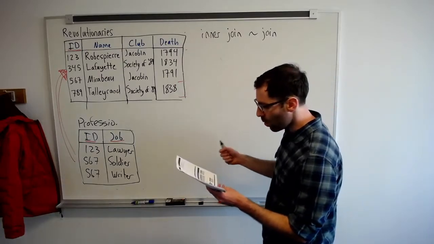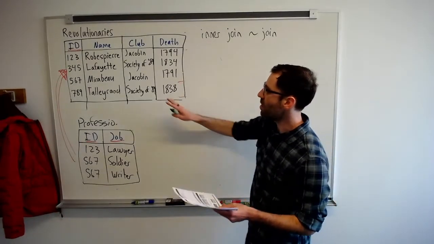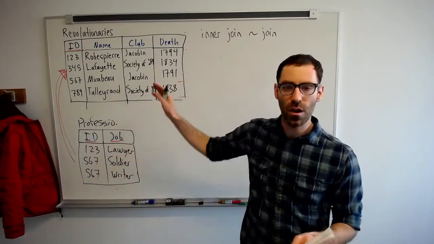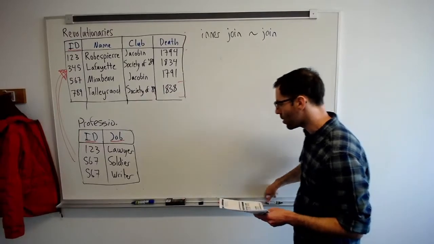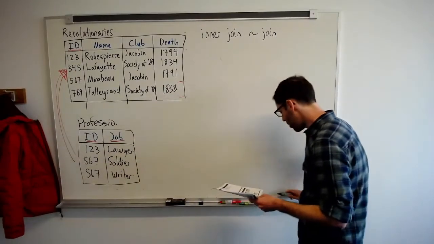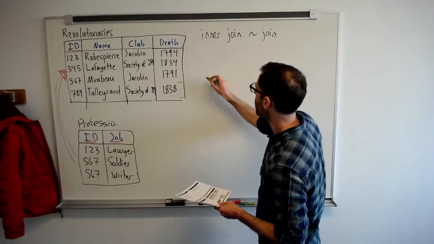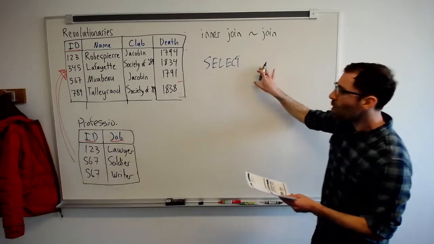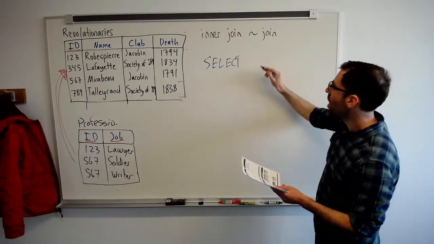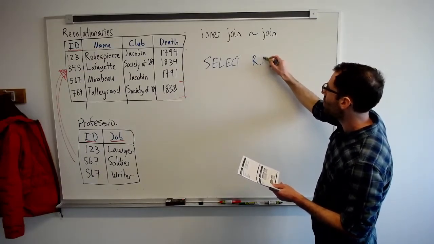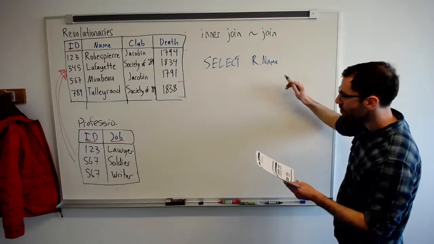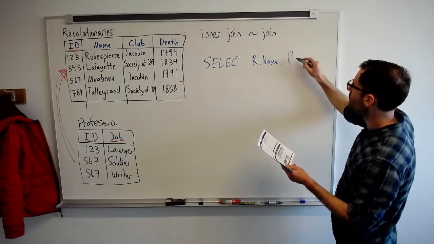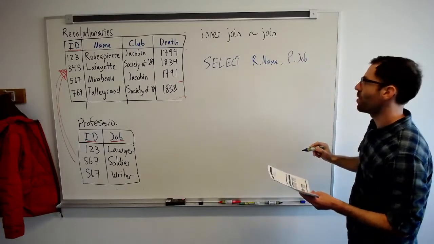And so let's say that we want to get the name and the profession of our revolutionaries. In our SQL, we know that the data that we want comes after our select, and we want the name of a revolutionary, and we want the job of that revolutionary.